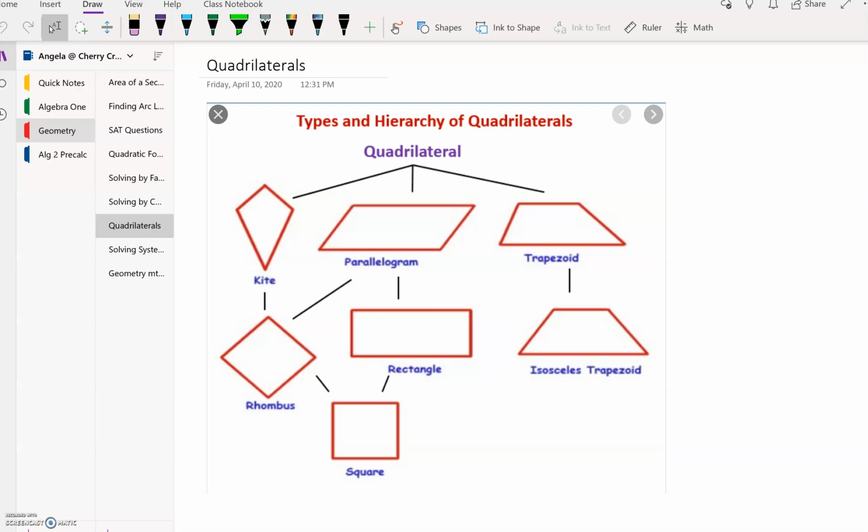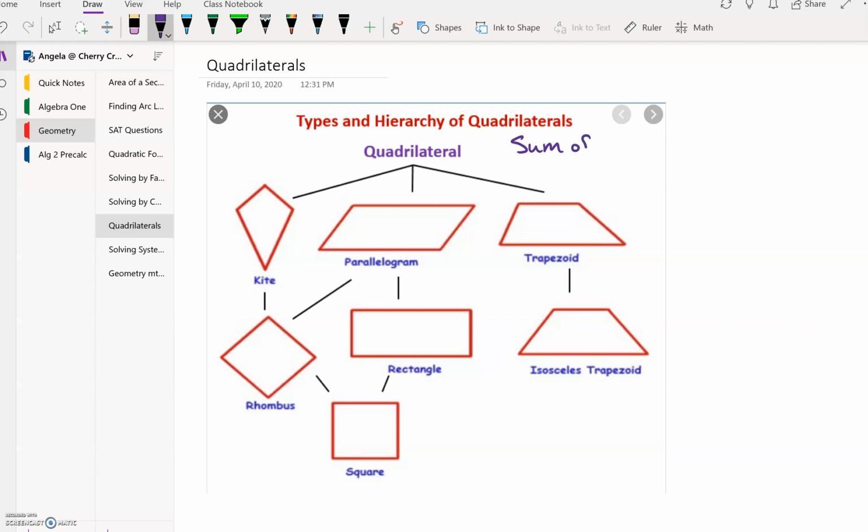So I wanted to show you this flow chart of these different types of quadrilaterals and just make a quick notation. If it is a four-sided figure, the sum of the angles is always going to be 360.